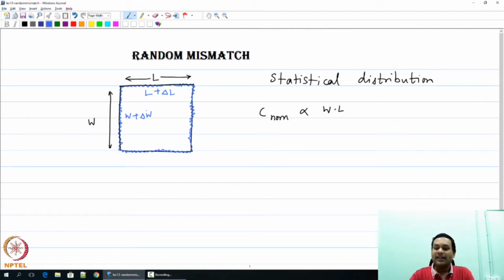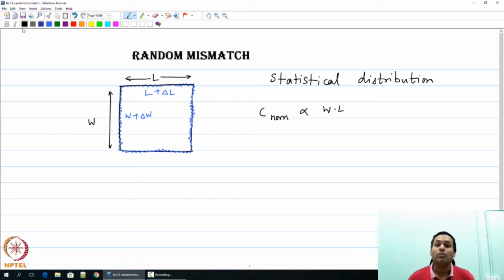This distribution will most probably be a Gaussian distribution, but one particular capacitor may have a particular value of delta W and delta L. If I take a different device, I could have a completely different value.